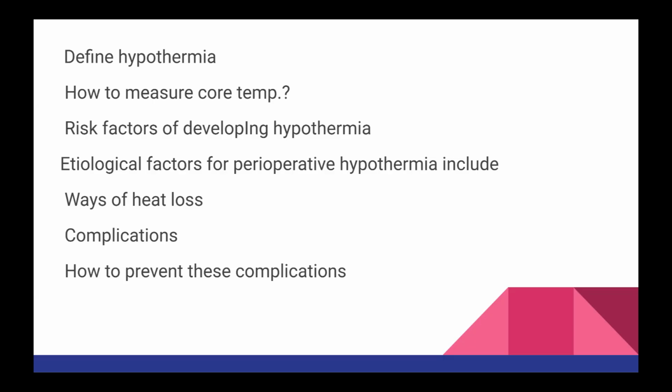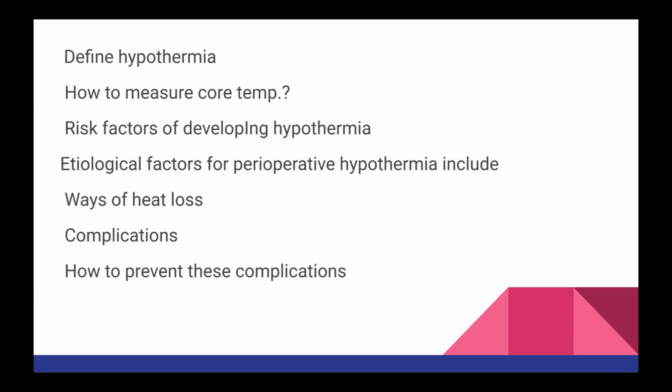So elaborate on complications of hypothermia. Complications can be, first of all, the patient can go into coagulopathy, DIC. There can be a risk of increase in bleeding. There can be cardiac complications like arrhythmia and myocardial ischemia.